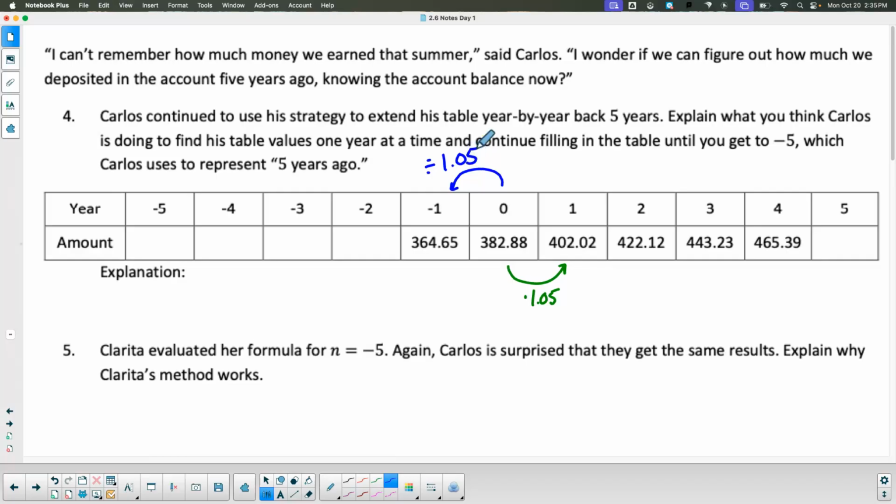So let's start at 382.88, and let's divide that by 1.05. Do we get what we were supposed to get? Yeah? Okay. So let's divide that again. 347.28, not 374.